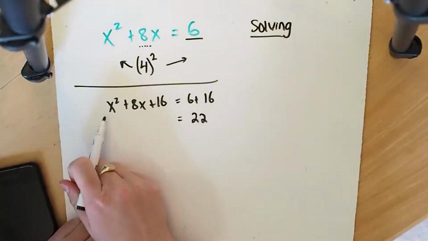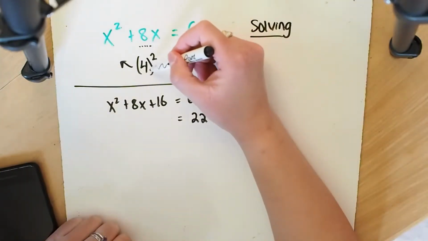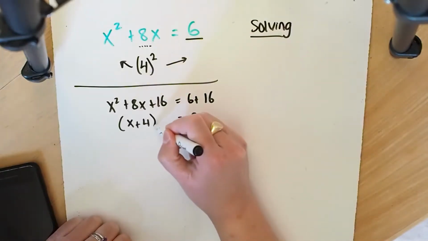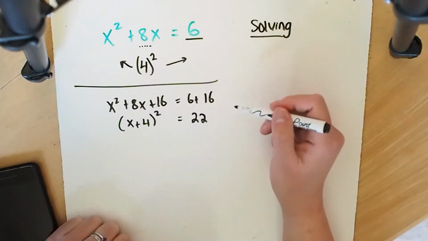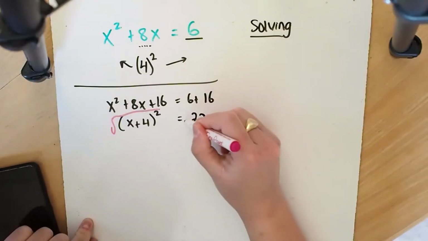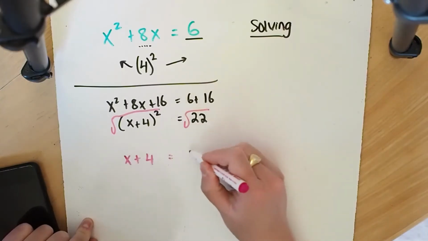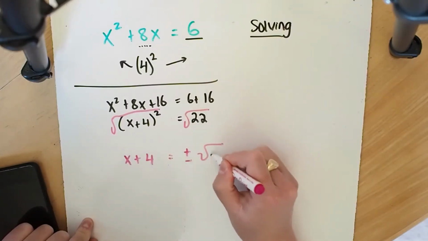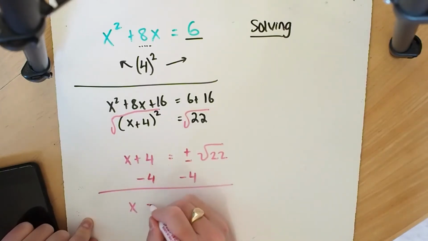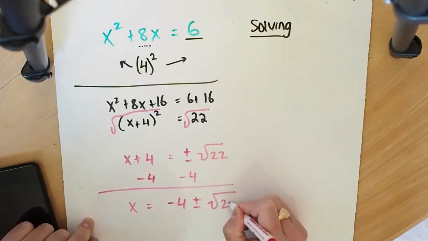Then I remember that this is a perfect square. I take the number that has been divided by 2, so 4. I see that it's positive, so I write plus 4. Then I fill that in and write it as a perfect square. Then, using what we learned last lesson, I simply take the square root of both sides, and I rewrite it as x plus 4 is equal to the positive or negative square root of 22. Then, using SADMEP, I move everything back over to the other side, and I get negative 4 plus or minus the square root of 22.